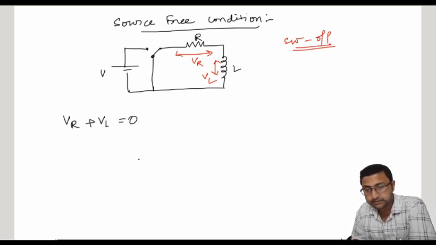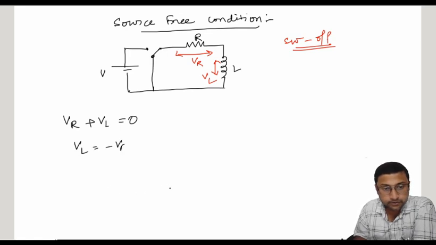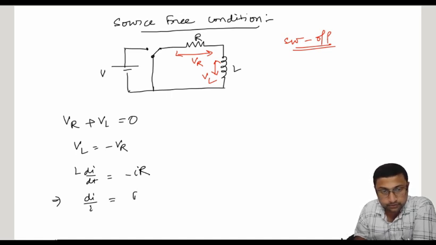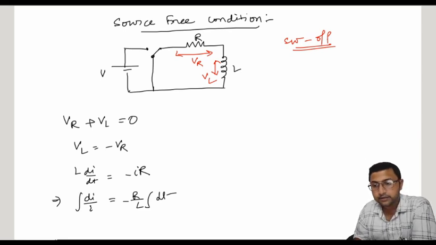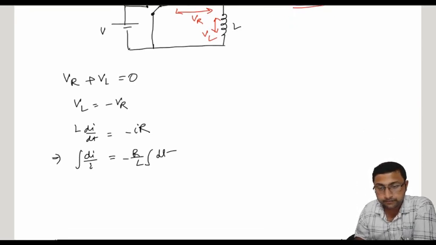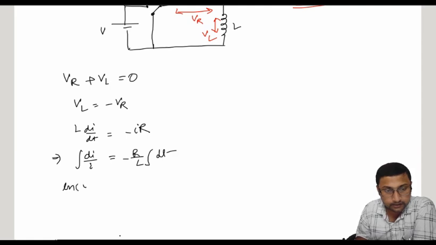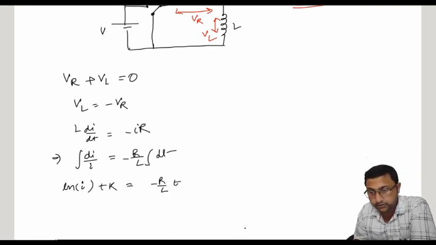Now the supply voltage is disconnected, so we can write VL equal to minus VR, that means L di dt equal to minus I into R. So from that equation we can write di by I equal to minus R by L into dt, and if we take the integration both sides, we can write ln I plus k, the integration constant, equal to minus R by L into t.